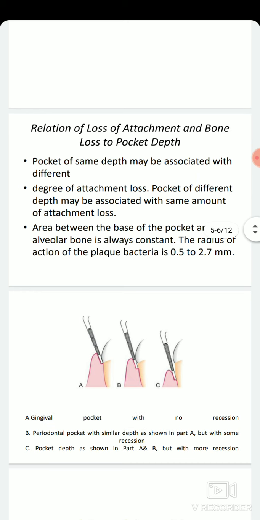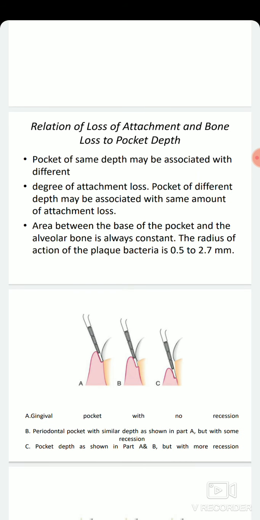And the next important aspect one needs to understand is the relationship of attachment loss and bone loss to periodontal pocket. So what do you mean by attachment loss? Attachment loss is a measure from the cemento-enamel junction to the base of the pocket or base of the sulcus, because all the time you need not have a pocket.